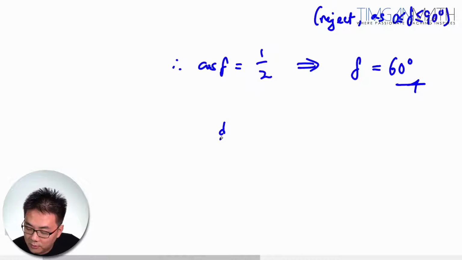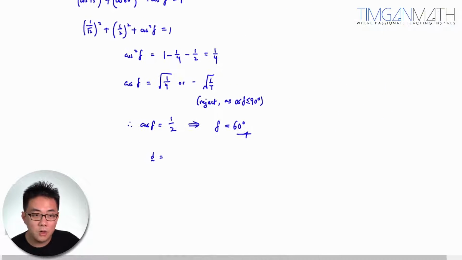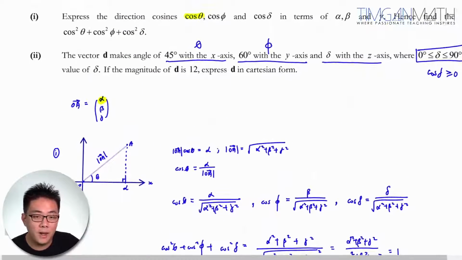D in Cartesian form means, let's look at how it was done in the previous part.